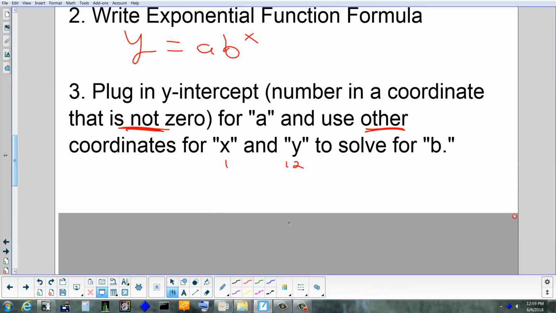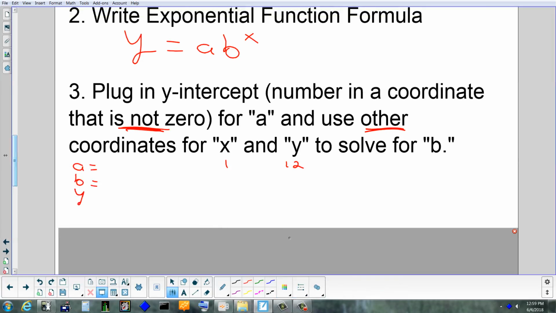So I'll give you guys a second to copy it. Okay, so let's look at it. We have A, B, Y, X. We just said what A was a second ago.